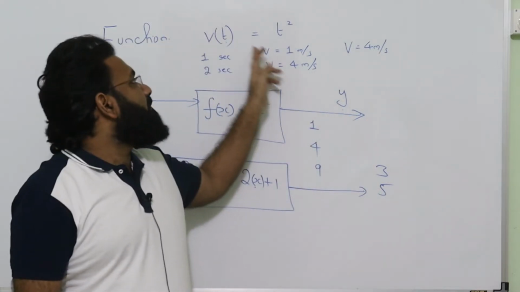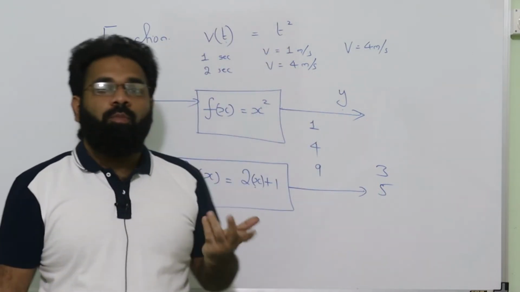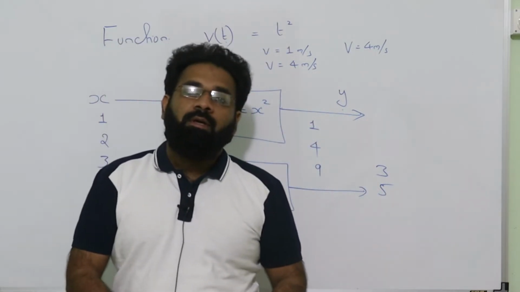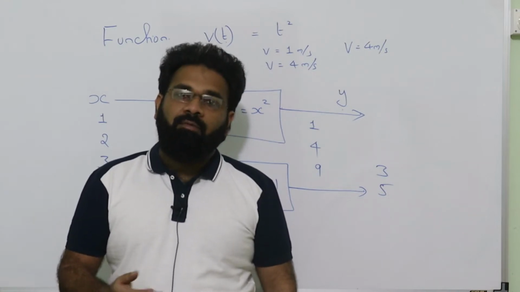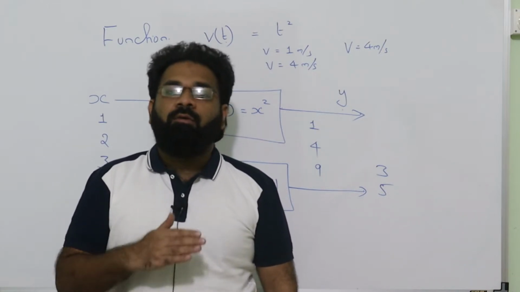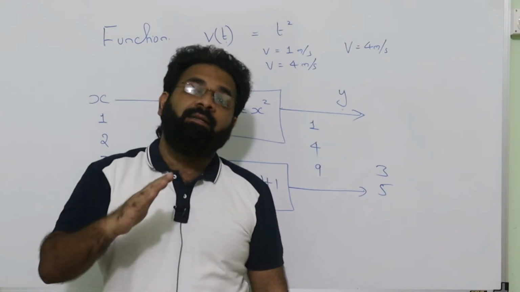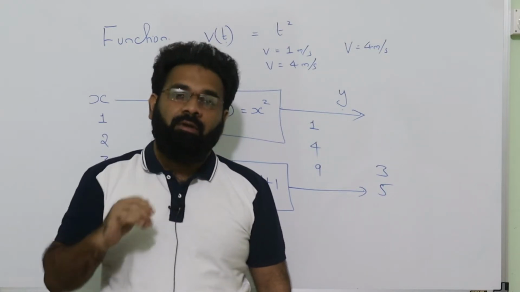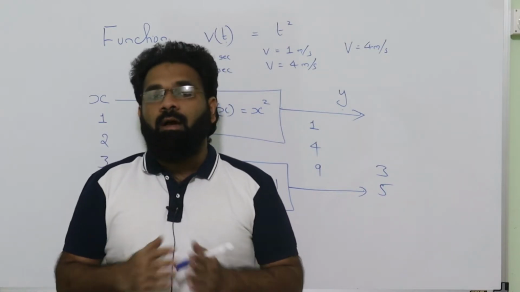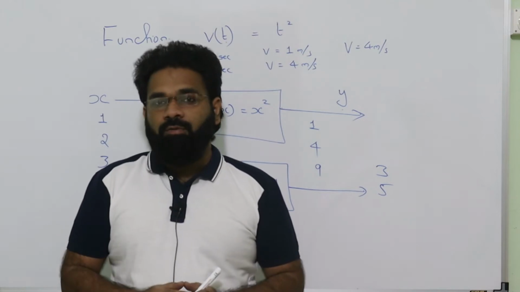Suppose velocity is a function of time like t square, it could be t cube or whatever it may be, it means that when time changes, the value of velocity is changing. That is, someone is accelerating or increasing the velocity. Likewise, it can have different scenarios.